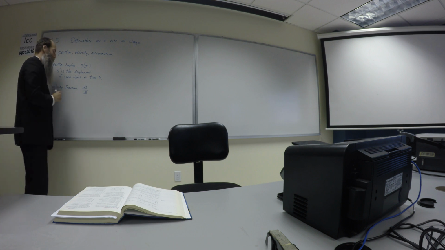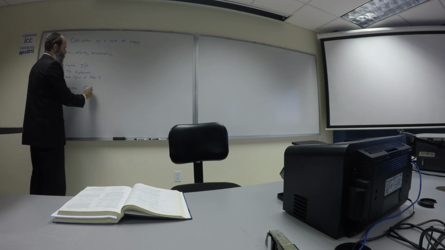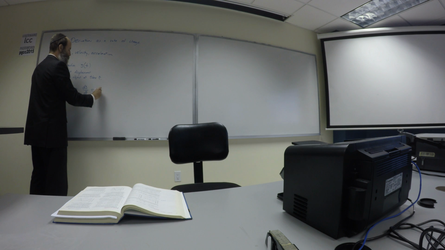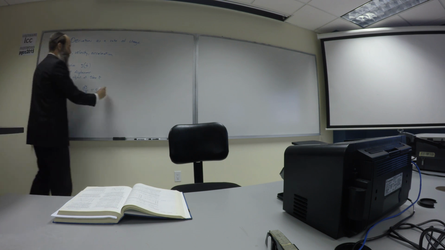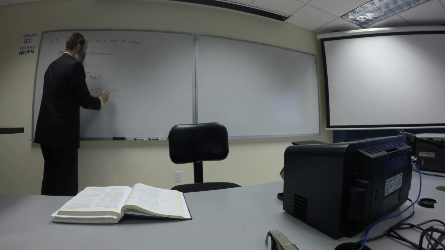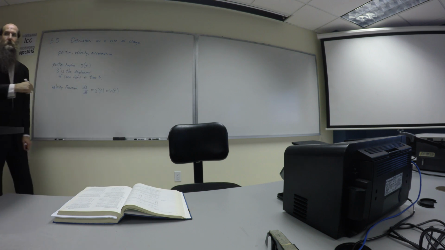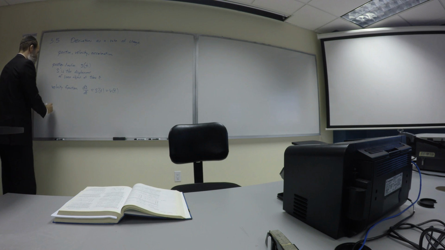The velocity function is the first derivative of S. However you want to write it, S prime of t, you can write it like that, either way. They use v of t, but you want to know what it is in terms of S. It's its derivative. Then there's acceleration.